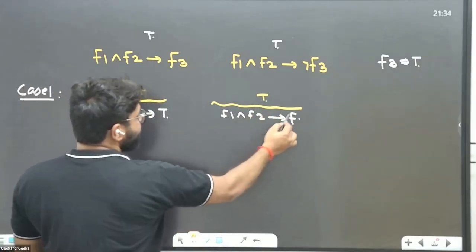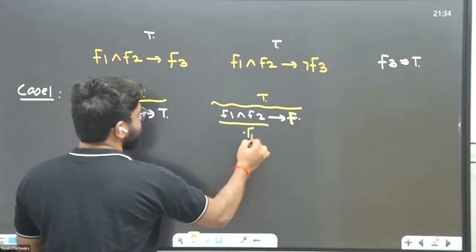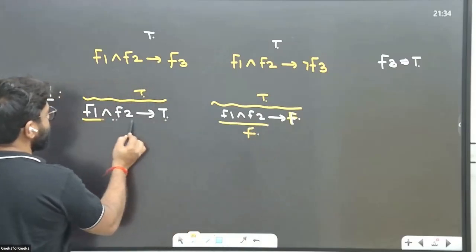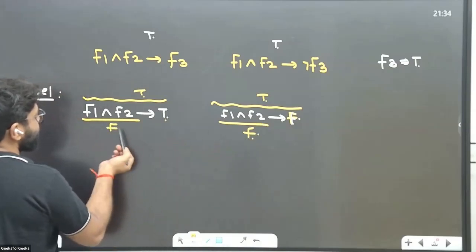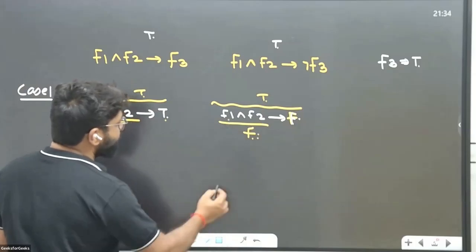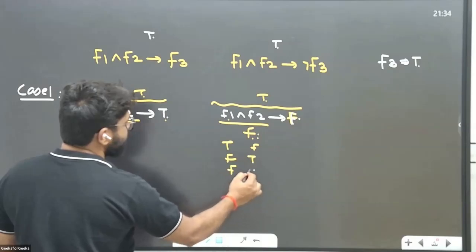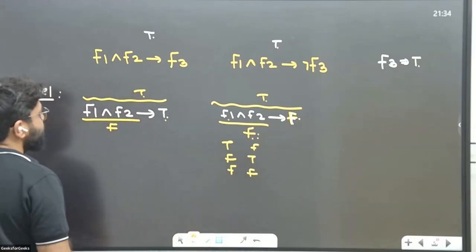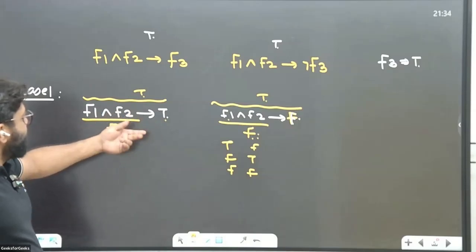Now my point is, if this right side is false, then 100% this must be false. If the right side is true, then if you take this as false, you have to take this as false. If this is false, it will have three cases to get false: true-false, false-true, and false-false.